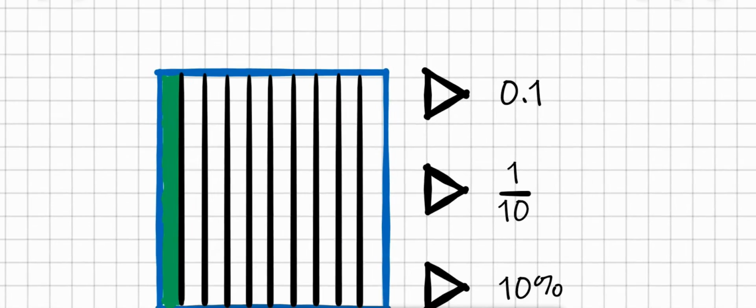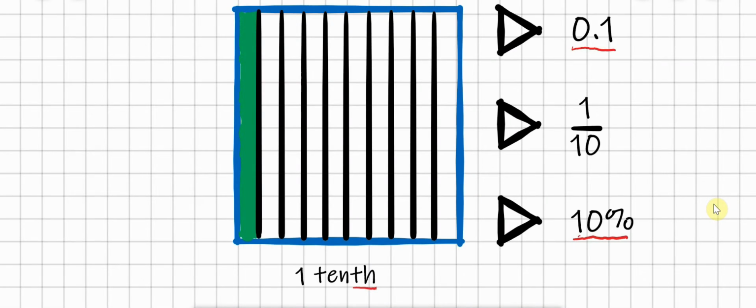Now, as we move down, you might say, Mathemagician, isn't this just the whole that we have from above cut into 10 pieces? And you are absolutely right. So this basically means 1 out of 10 pieces, or a tenth. Now it is important to note the t or th.